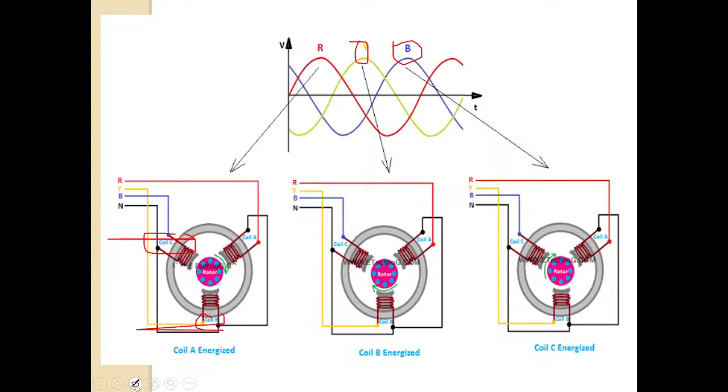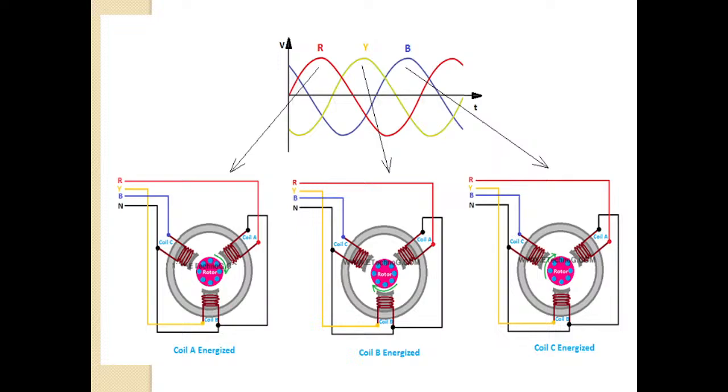So first coil A gets energized, next coil B, next coil C, and this will happen repeatedly depending on the frequency of the supply. All these three coils are not energized at a time. One after another they are energizing.